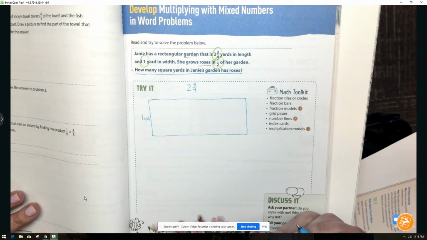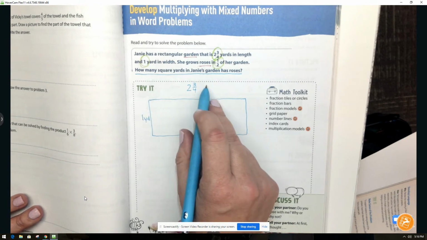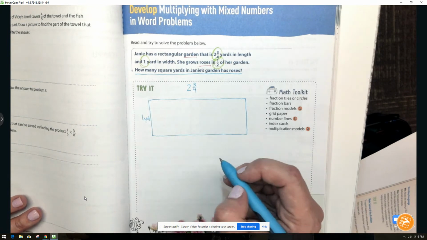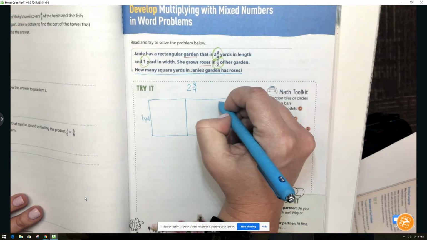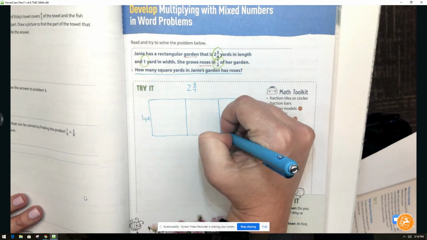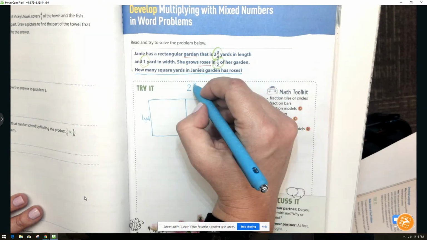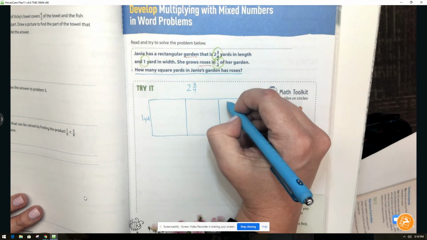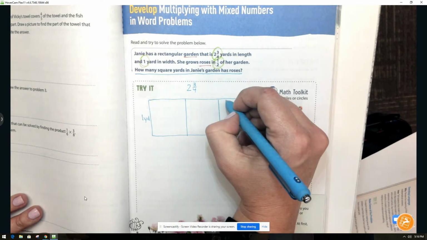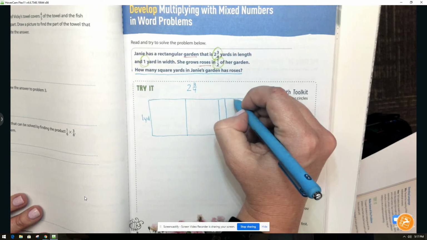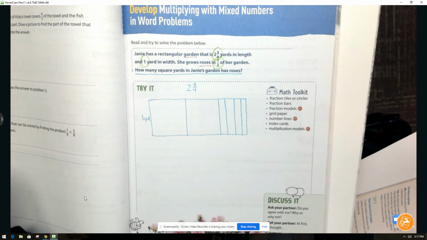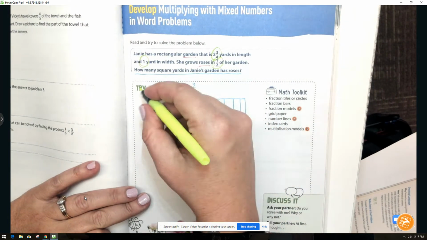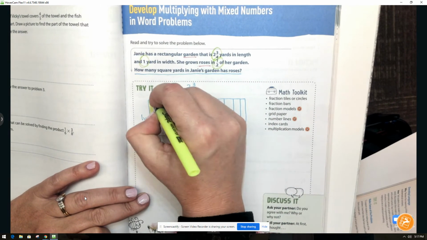long. Okay. Now, if we were showing this 2 3/4, that means we have 2 wholes. And then the final part is showing 3/4. So if we had a third whole here, we would break it into fourths. And so then we would shade in. So we know that we have shaded in 2 wholes.